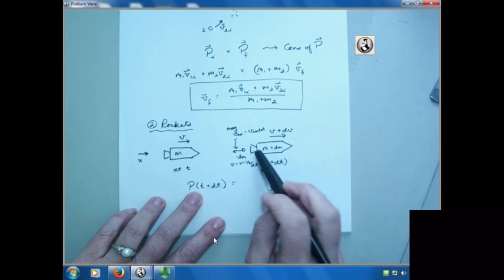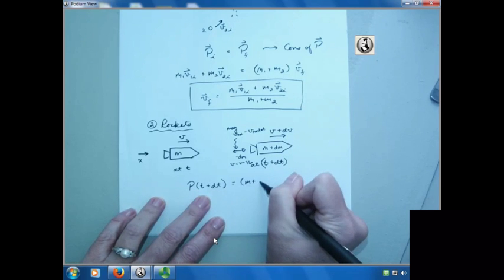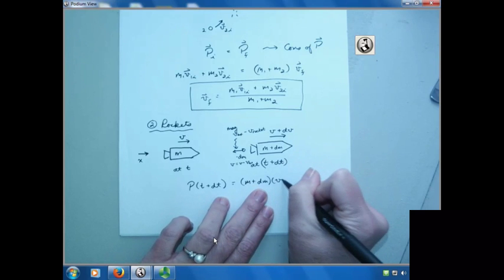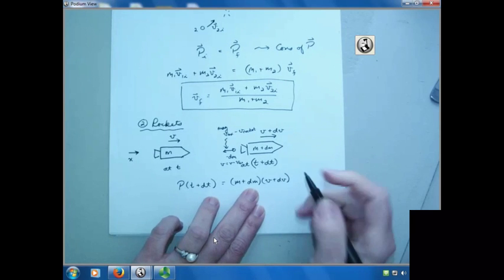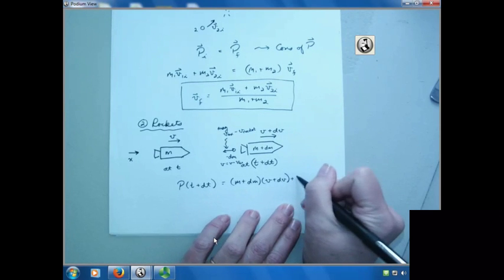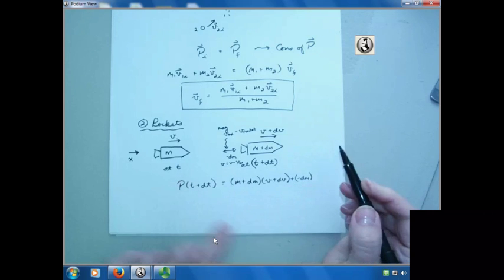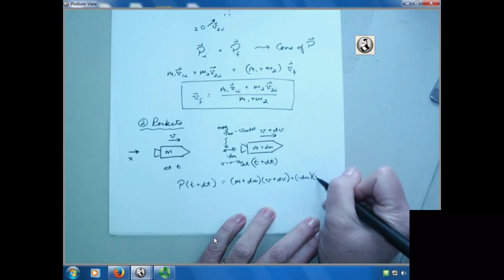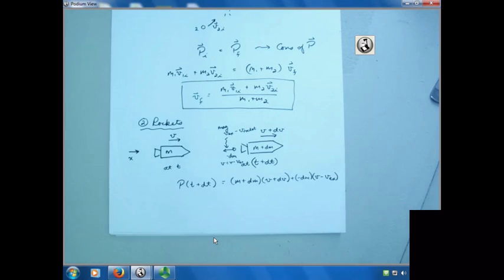And that'll be pretty easy, because I'll notice that I've got m plus dm as one part of my system, and it's moving forward at v plus dv. And then I have another piece of my system, which has a mass of negative dm, and it's moving in terms of its x component of velocity at v of the rocket minus v relative velocity of that exhaust relative to the rocket.